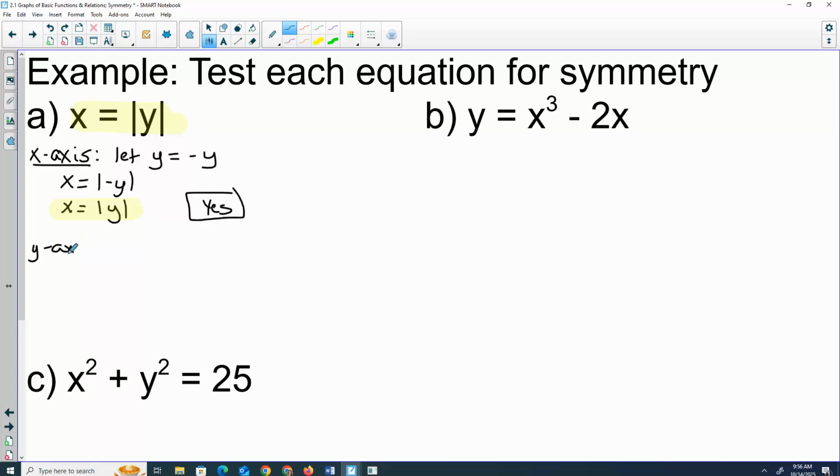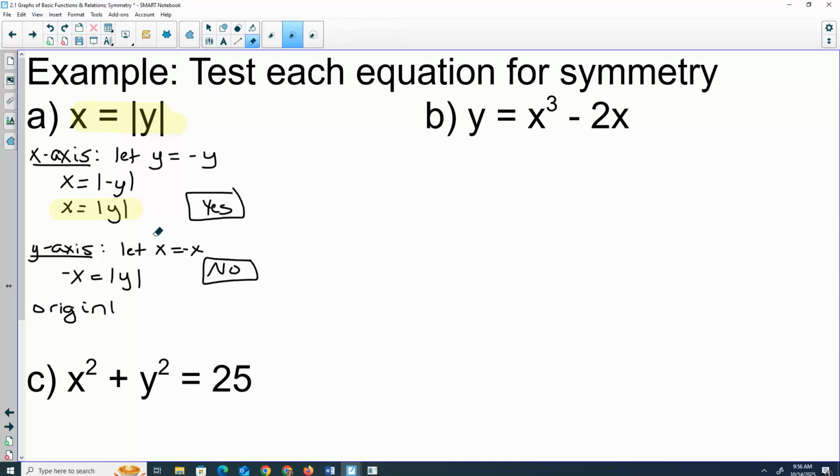If you want to check y-axis, if it's symmetric to the y, positive and negative x give you the same thing. So if I plug in a negative on my x, does that negative disappear? No. So this is not what I started with. If I want to check origin, we do both of them.